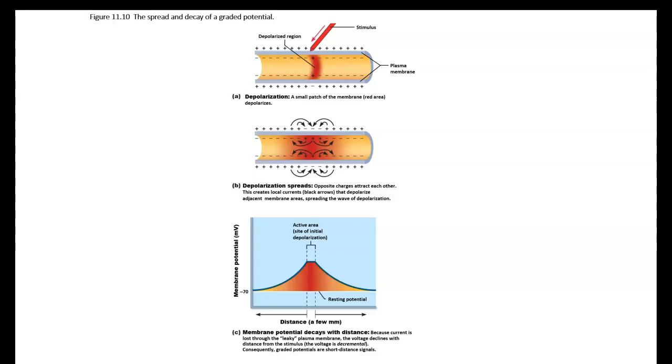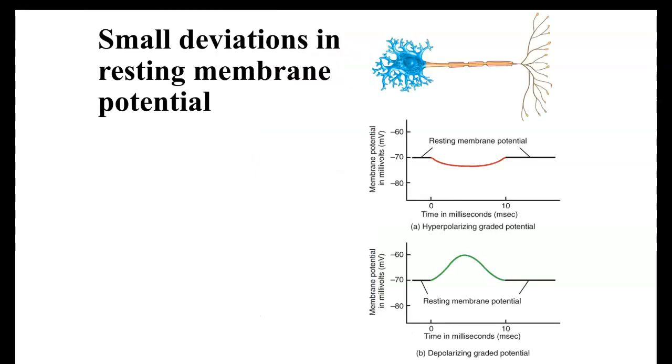As it moves out from the spot that was touched, the current is lost through the leaky plasma membranes, so the voltage declines with distance from the stimulus. You see how it starts to decline on both sides as it goes away from the main point of stimulus.